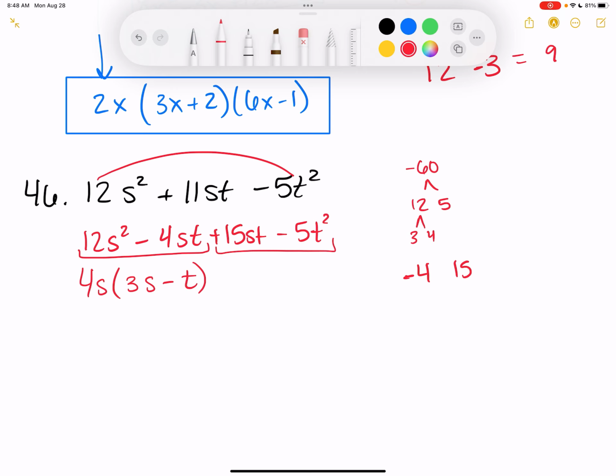Yep. So that leaves me with 3s minus t. I say this over and over again, but usually when there's a mistake, it comes right here. These have to match, otherwise something's wrong. So 4s plus 5t times 3s minus t.